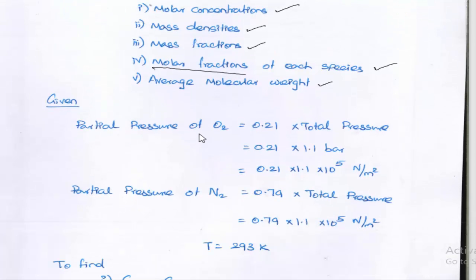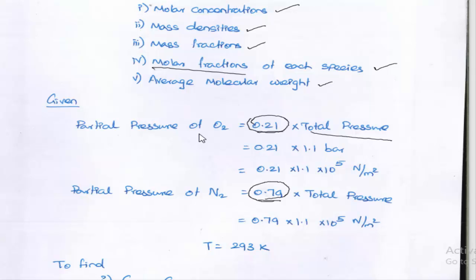So first, the partial pressure of oxygen is in the ratio of 0.21 to 0.79. In case the total pressure is 2 bar, 50 percent of the pressure is given by O2 and 50 percent by N2, which means 1 bar of pressure is given by O2 and 1 bar by N2. Similarly, here in the total pressure, O2 gives 21 percent and N2 gives 79 percent, right?